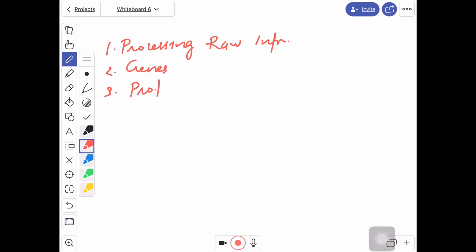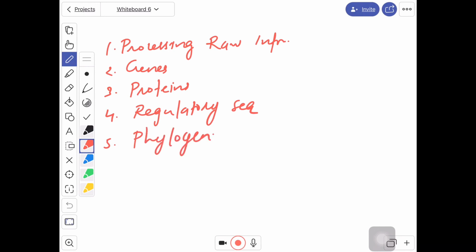You can have information regarding proteins, regulatory sequences, and phylogeny, and you can also have certain discovery using bioinformatics tools. So altogether bioinformatics helps us in various ways for present research. Thank you.